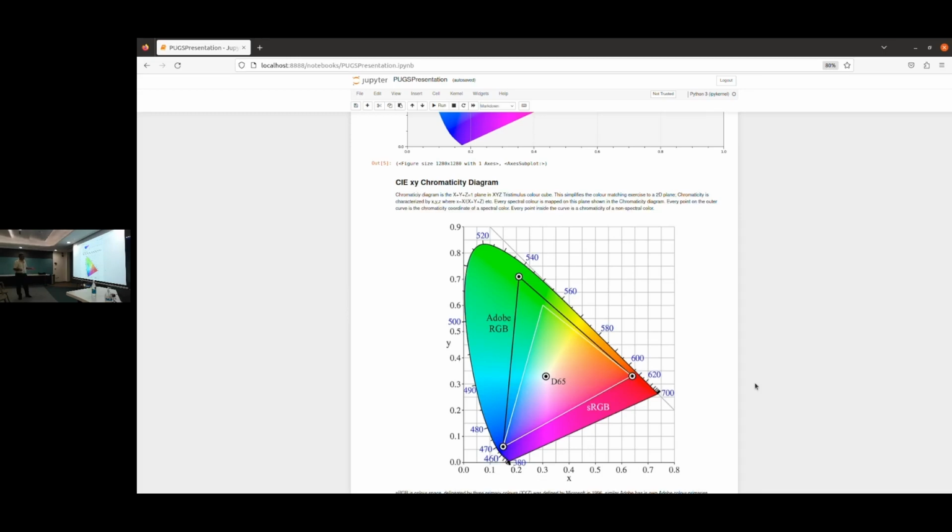So when you go to buy a monitor or a printer, in addition to paying for size, you should pay for gamut. The larger the gamut, the more vivid your colors will be. That's the value of looking at the CIE color diagram. It allows you to compare the color reproduction capability of a printer or a monitor or a display. If your source image specifies a color that's outside the gamut, it will get clipped. This is what happens today in the coding schemes already.